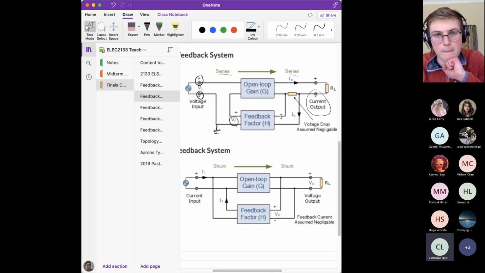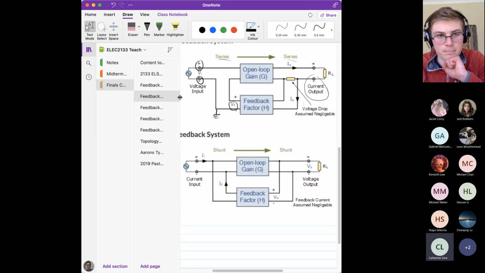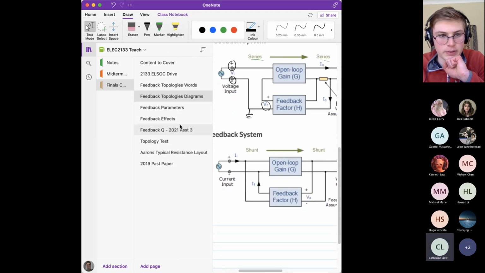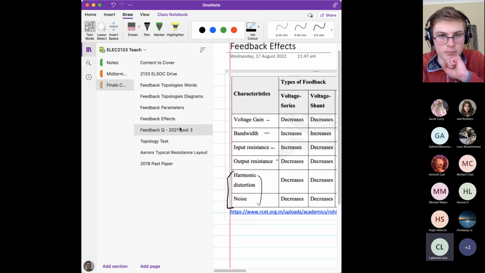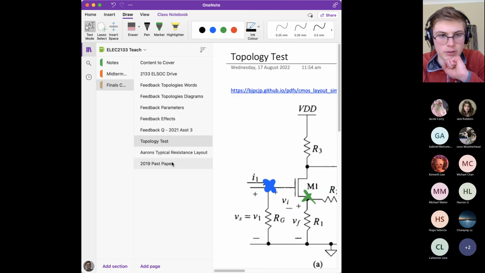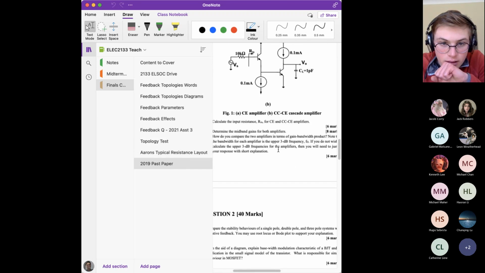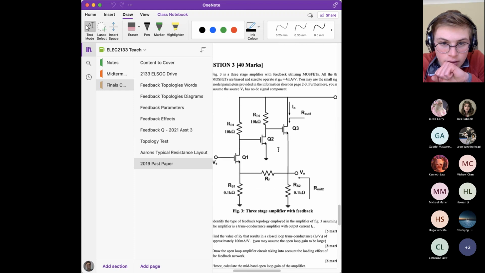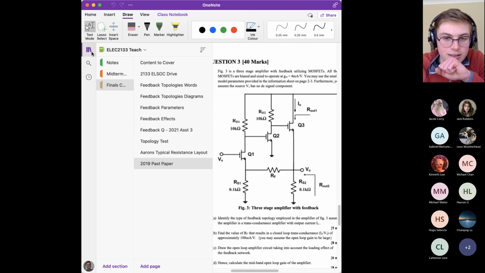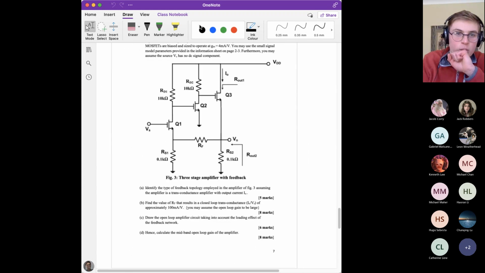Can you show another example? Like if the feedback network was a bit more complicated, what would the two-port network look like? Let me have a look. Yeah, something like this, say. Here we've got more resistors. We're going to say that this is our output port and it's also our node, but then this is our output and our input.